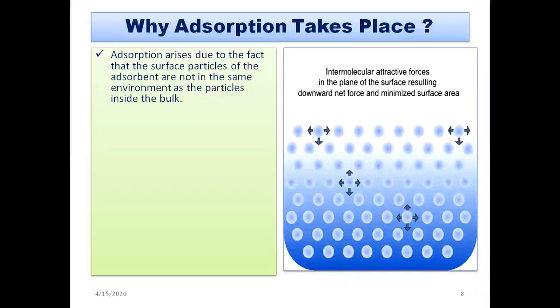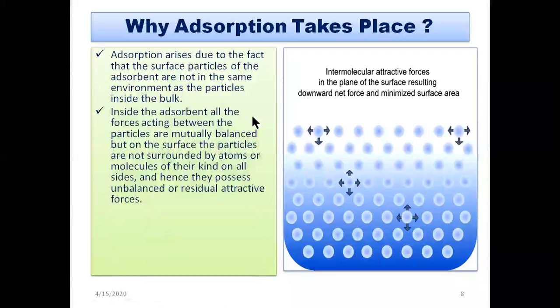So this net inward pull, what does it do? It creates certain energy that is called surface energy. This surface energy actually makes the molecule tensed. To reduce this energy, what will happen? The surface molecules tend to adsorb foreign substances. Adsorption arises due to the fact that the surface particles of the adsorbent are not in the same environment as particles inside the bulk.